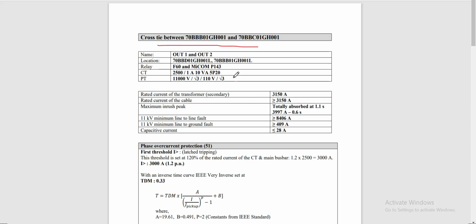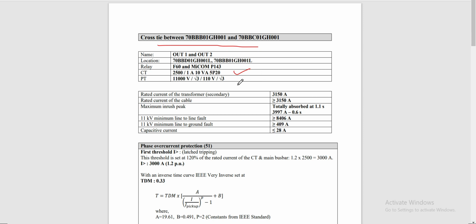Okay, so same as before, our relays are the GE F60 and Schneider Electric MiCOM P143. Our CT ratio is 2500 to 1 ampere, Burden 10 VA, class 5P20.